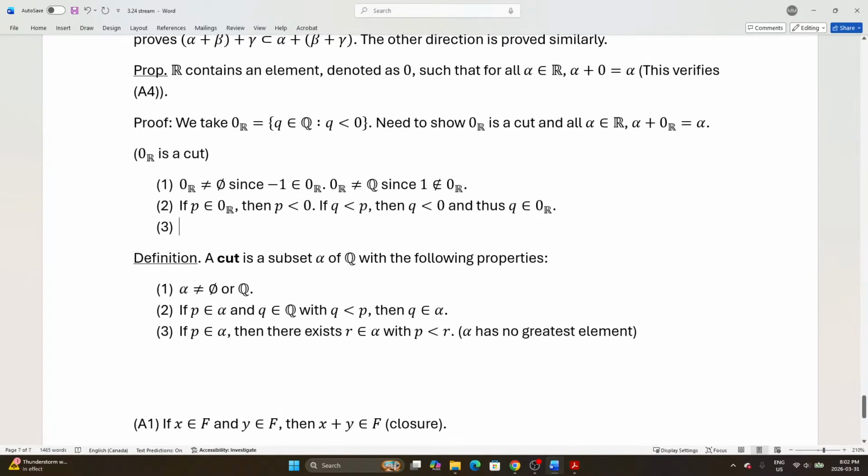The third property: if P is in 0R, then there exists an R in 0R with P less than that R. So P is less than 0.